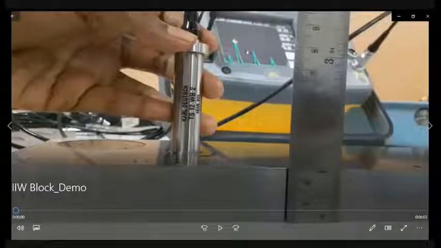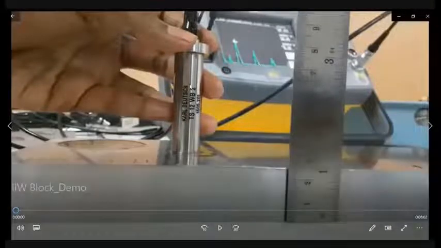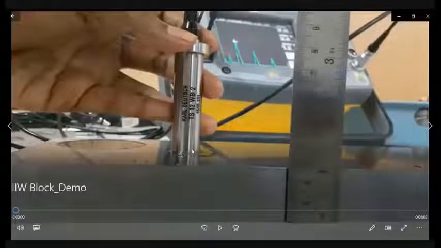And if it does not arrive at the 25 mm depth on the x-axis, then you need to make adjustments to bring it back to 25 mm, and that's how you can calibrate the transducer in terms of depth or distance, right?